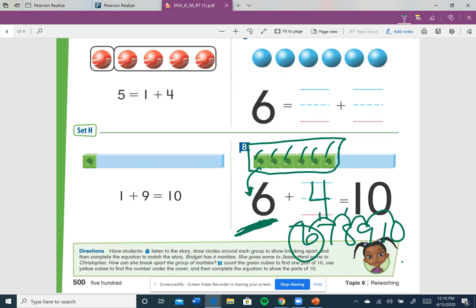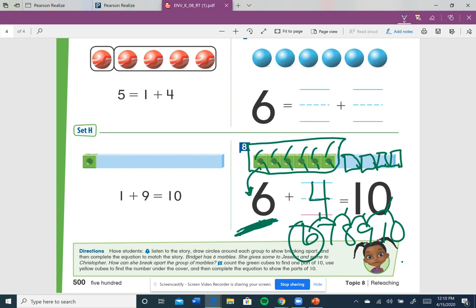Takes 1, 2, 3, 4 jumps, or 4 cubes. 1, 2, 3, 4, 5, 6, 7, 8, 9, 10, all together. Or if you hold up 6 fingers and you add 4 more, you should have both your hands completely open and holding up 10 fingers.